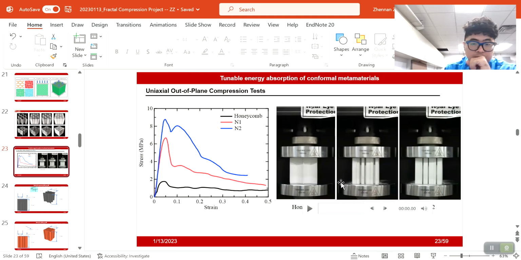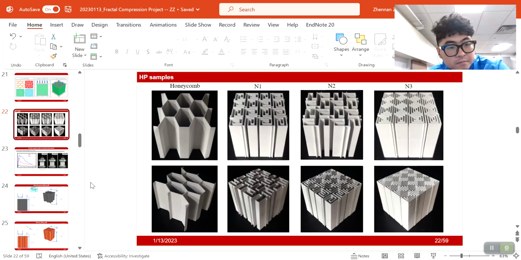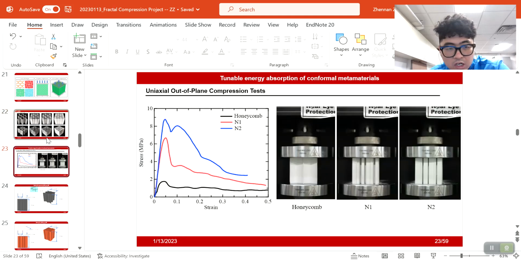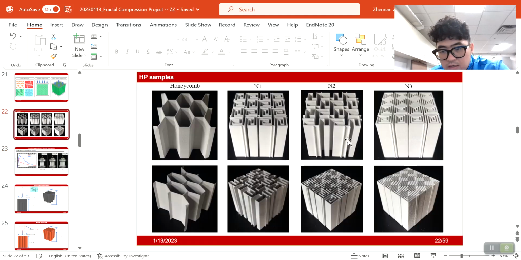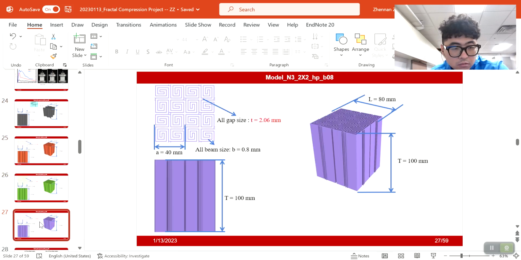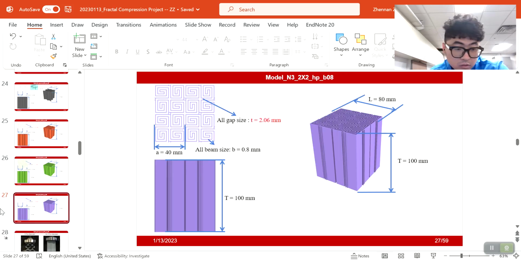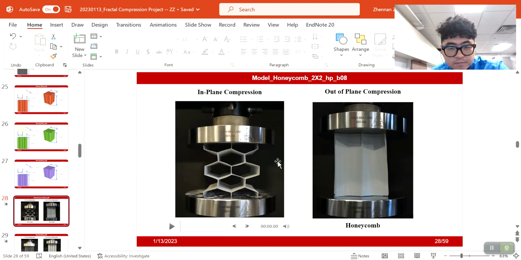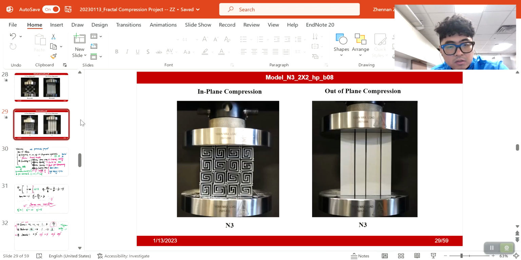So we just did the three experiments, N2, N1, and honeycomb, and we hope to get a very good N3 structure. So we did some new samples with the capstone students, and the samples are really good.